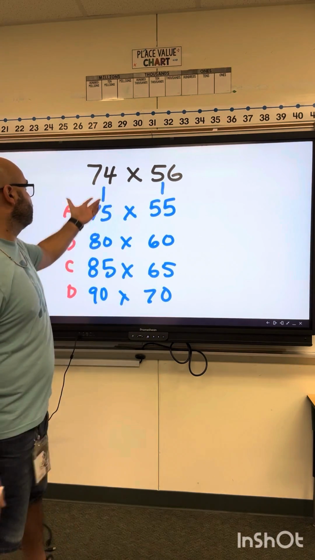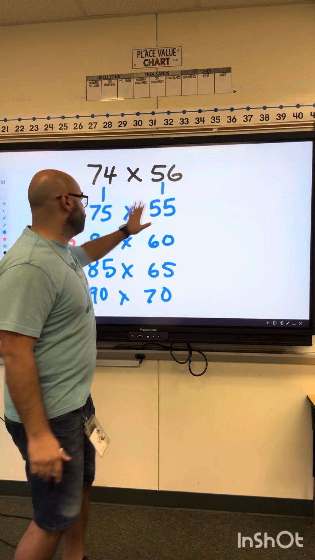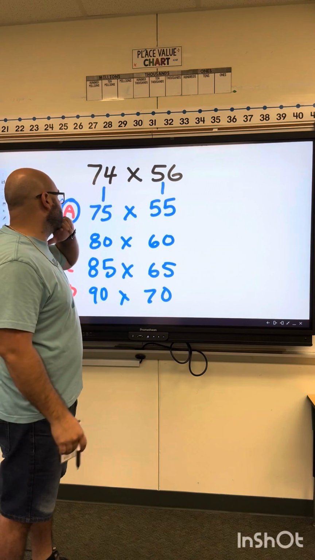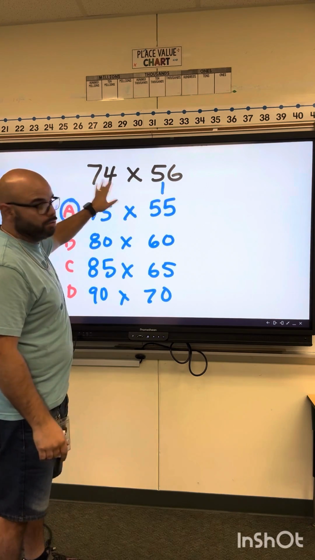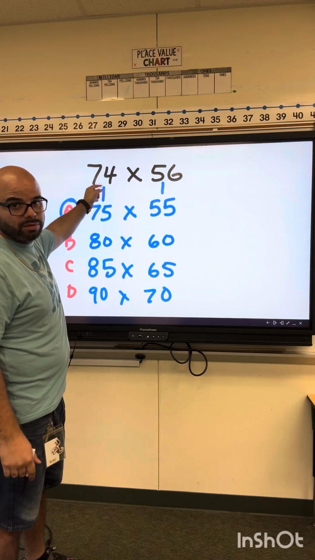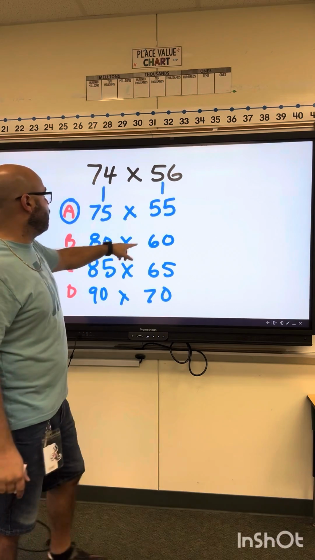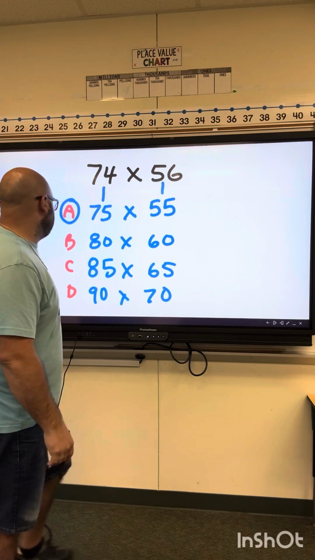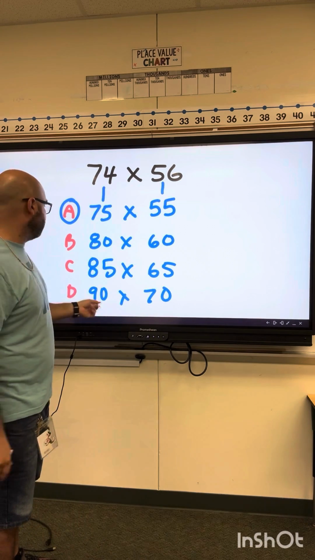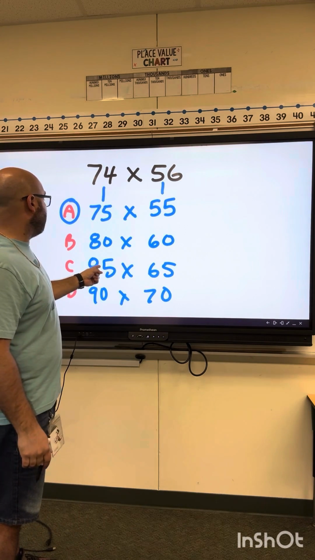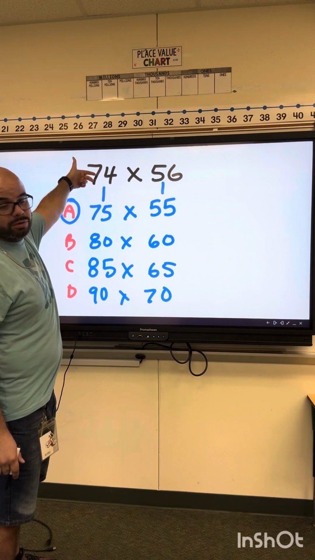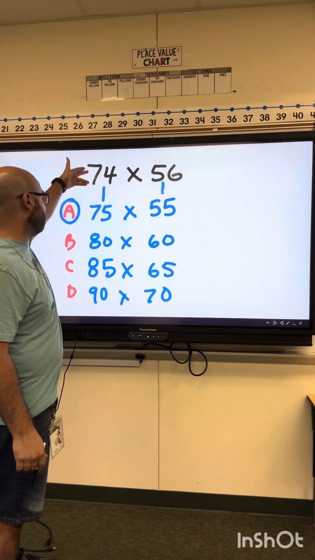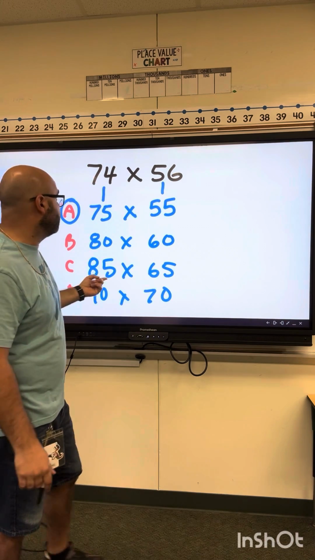In this case, this is the closest one that would be a compatible number, right? Because 80 can't be it, because if you round it, that 4 is telling the 7 to stay the same. Here, this is correct, right? You could convert that into a 60, but then it's wrong just because of the 80 here. The 85 is way too much for the 74, right? If you were to round or go up or down using compatible numbers, it will never give you 85.